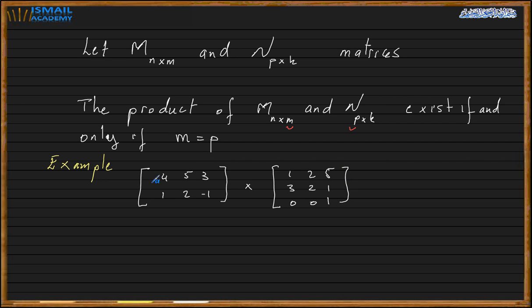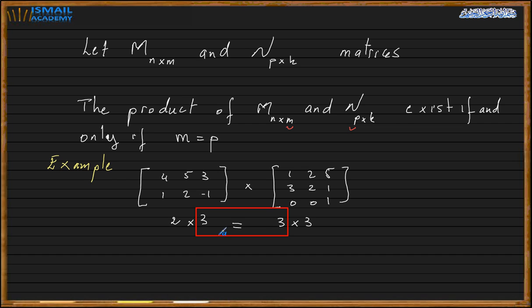So this is the dimension of this matrix: two rows, three columns. The dimension of the other matrix is three rows, three columns. Now I just compare those two numbers. If you see those two numbers are equal, then go for it and do it. If they're not equal, you just say there is no solution, or it's better to say undefined.